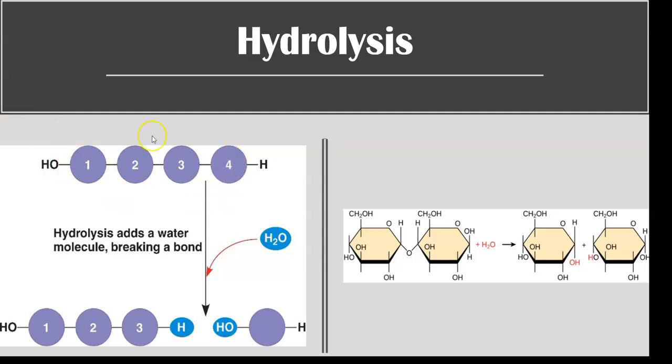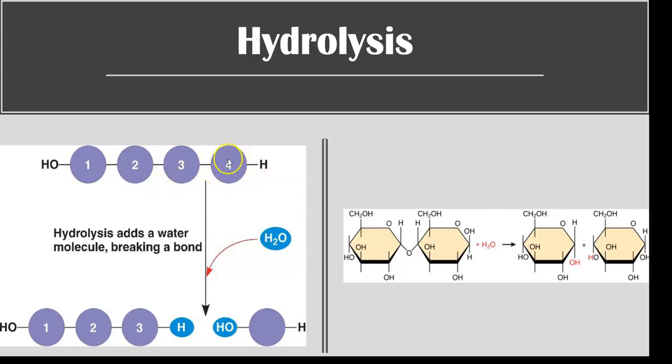I've got a short polymer with 4 identical joined monomer units, represented here 1, 2, 3, 4, of course. And we see the hydroxyl group here on this one and the hydrogen here. So just to backtrack to the dehydration, in order for monomer 2 to join to monomer 1, monomer 3 to join to 2, and 4 to join to 3, each of them had to give up a hydrogen while the other gave up a hydroxyl, or an OH.